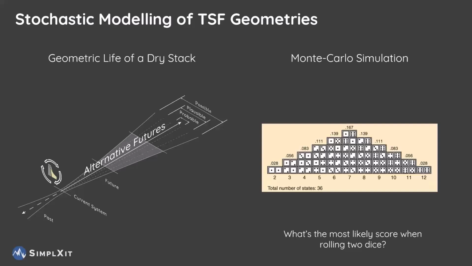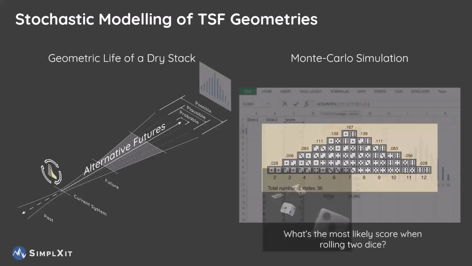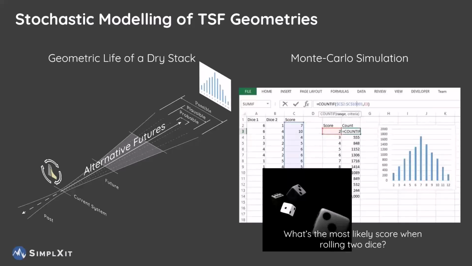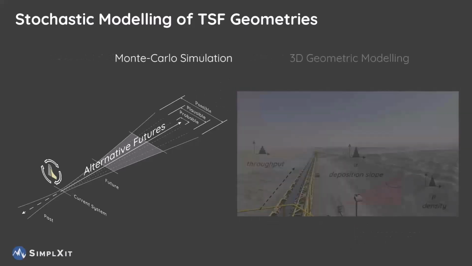Because it's fairly simple with two dice, you could work out the statistics. But you could also just keep on rolling your dice over and over again, and ultimately you would get a distribution that would show you that 7 is the most likely sum from rolling two dice. So this is exactly what we'll be doing.